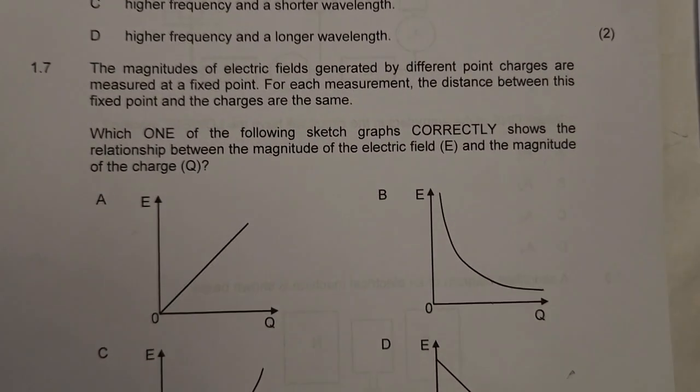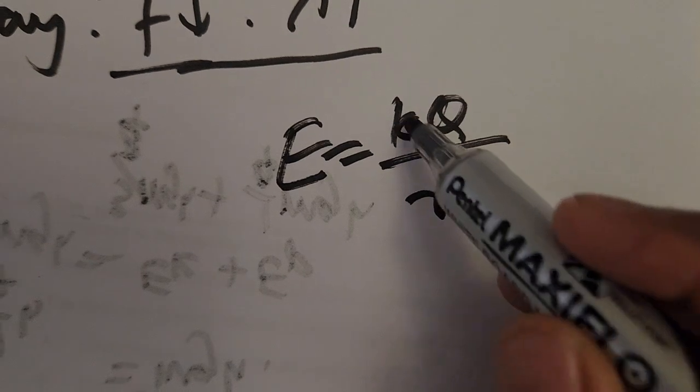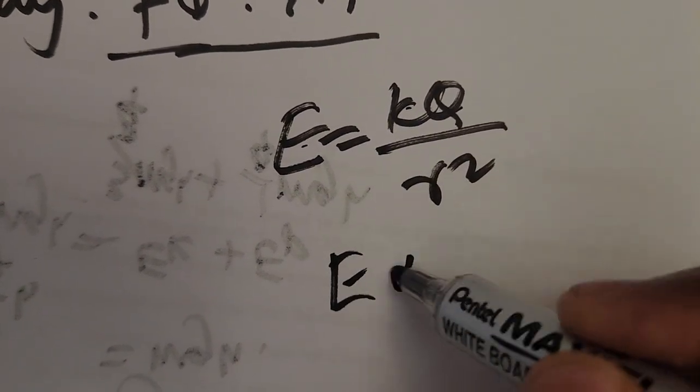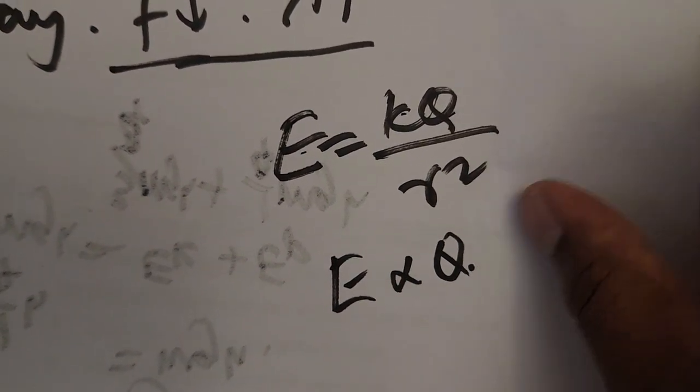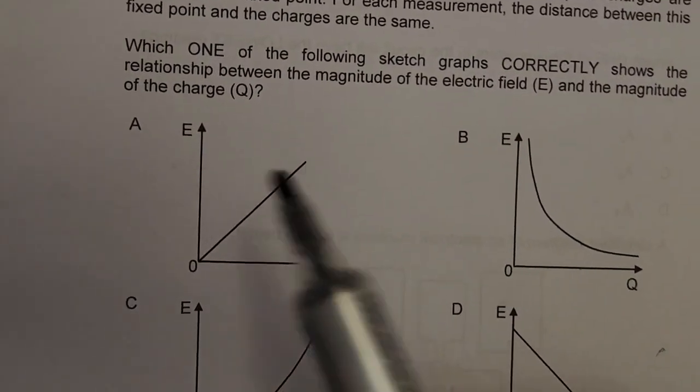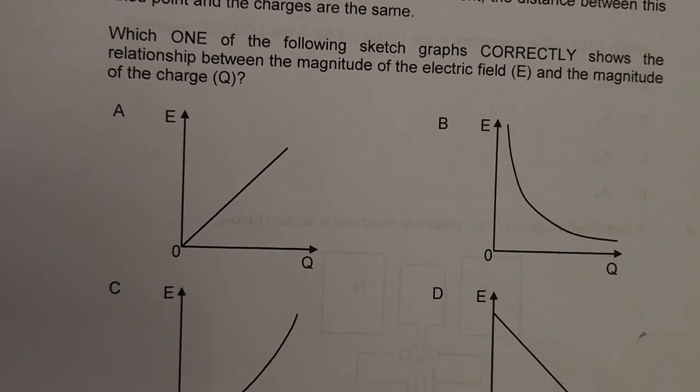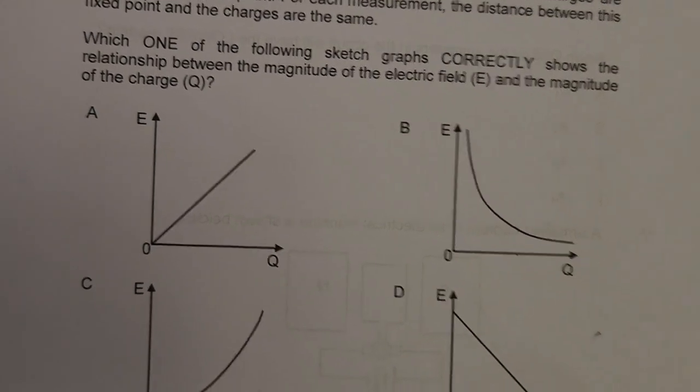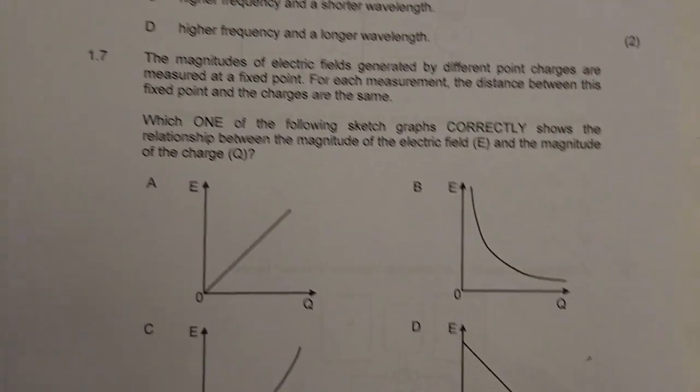Remember, we have E equals kQ over r squared. Therefore, E and Q are directly proportional. We are looking for the graph which shows a direct proportion between the two. Therefore, 1.7a will be the suitable answer in this case.